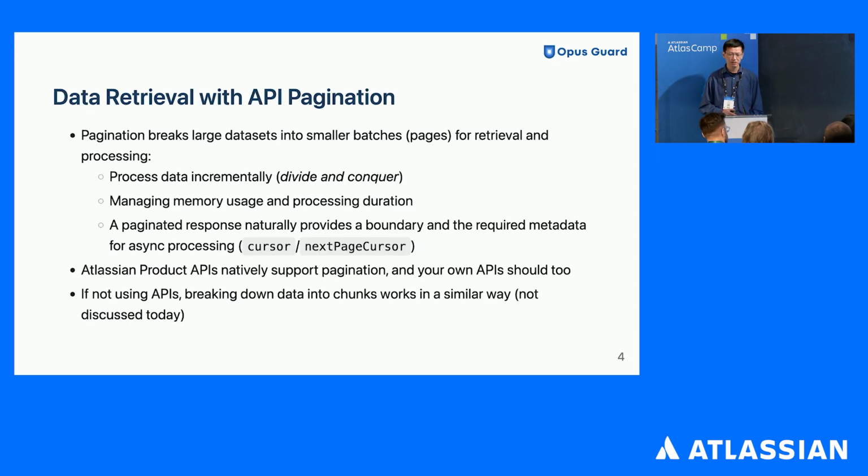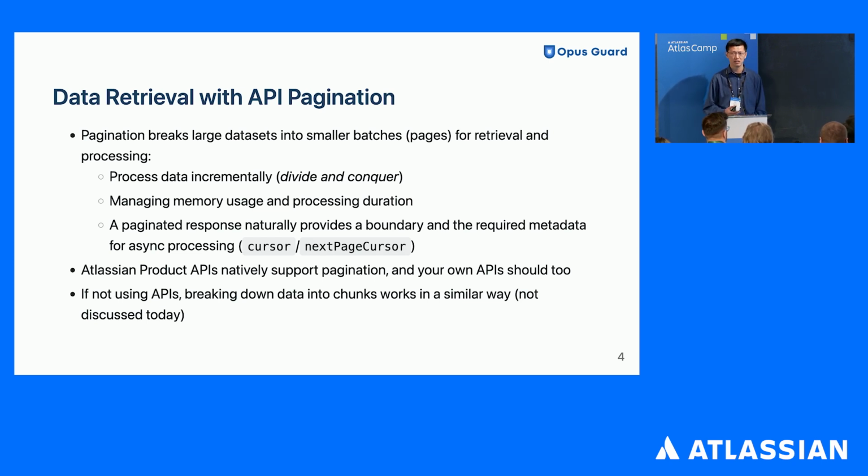So there are some fundamentals, the basics. Let's take a quick look at those to get them out of the way. The first one: as an app developer, we always access that data through the product API, either the Jira REST API or the Confluence REST API. All of those bulk retrieval endpoints employ some kind of pagination, so you always need to do that.